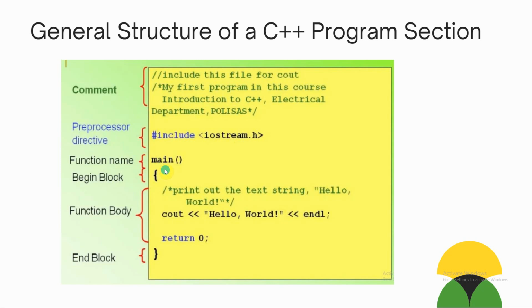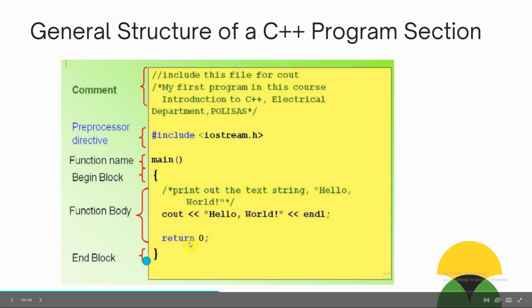Now the main function name, so this is usually main, and then we have the begin block and the function body wherein we put the statements of commands and other inputs or variables needed here, and then we have the end block.